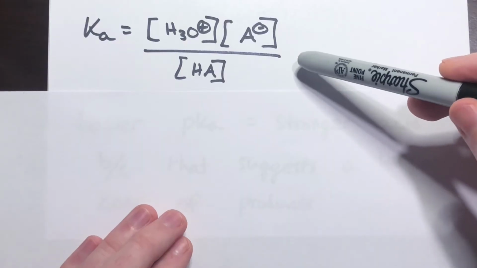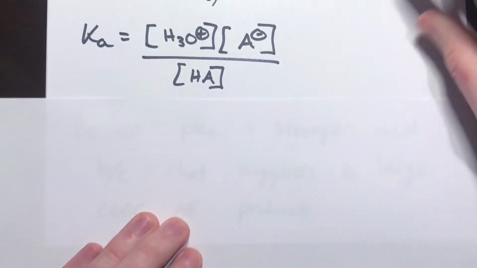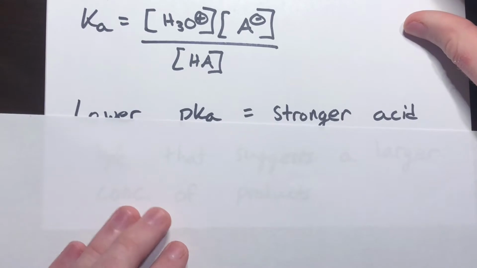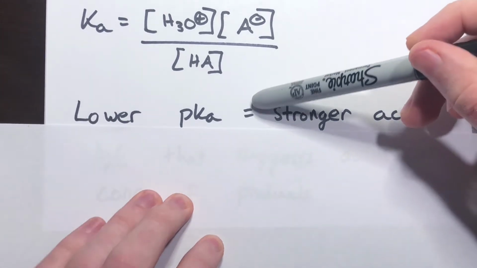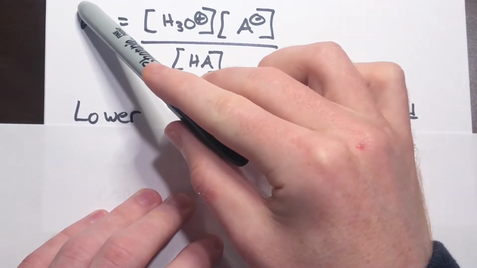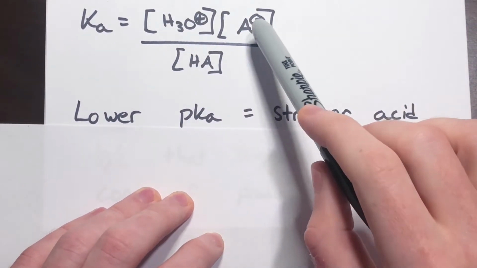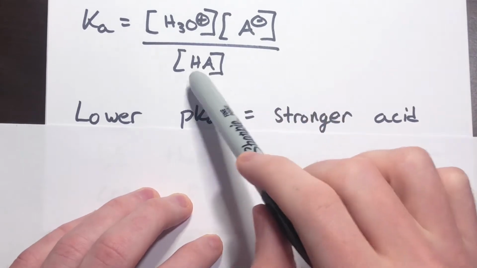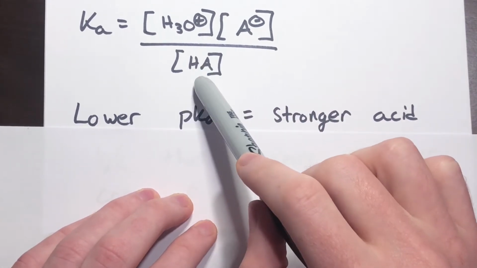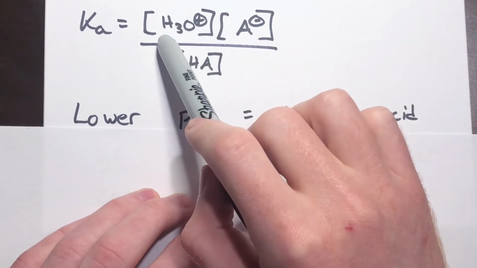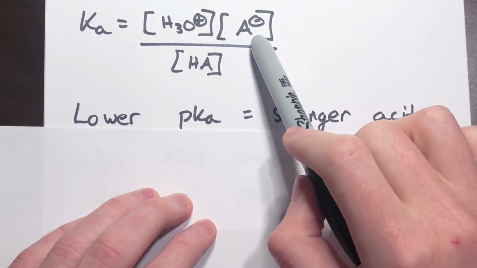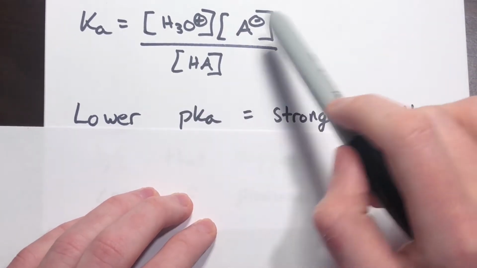So using this expression, we can explain why the lower the pKa, the stronger the acid, because the lower the pKa, the larger the Ka, which means that the larger the concentration of H3O+ and A- is. And that means that HA is dissociating into H3O+ and A- more often than it is going the other direction.